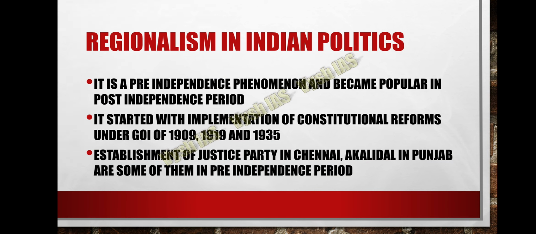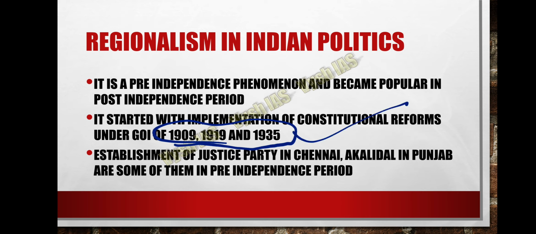Regionalism in Indian politics. Okay, it is a pre-independence phenomenon itself, but it became popular in the post-independence period. Actually, in the pre-independence period, the concept of regionalism started with the implementation of constitutional reforms. We can see the concept of regionalism in the Government of India Acts of 1909, 1919 and 1935.